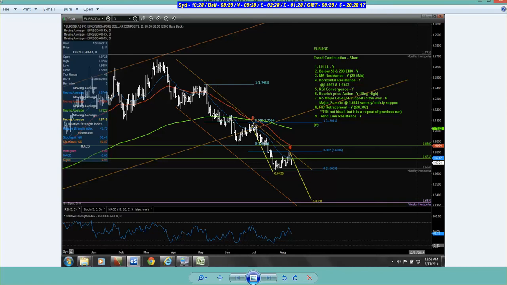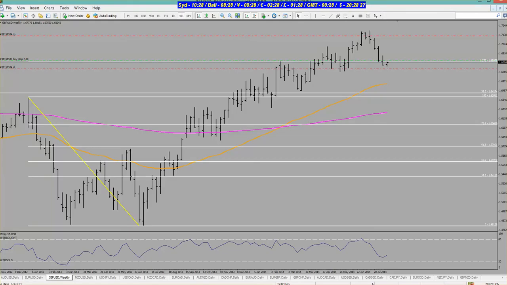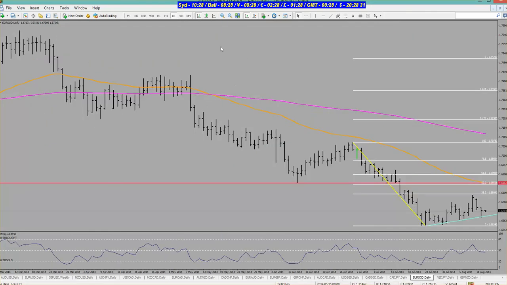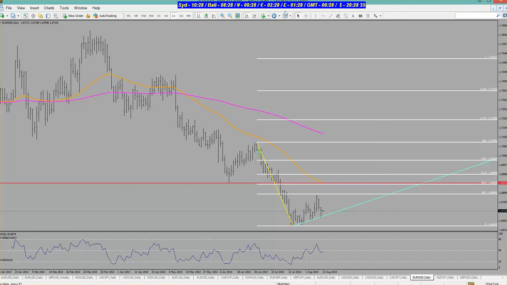Okay. Came back to the 382 and then it had another run, but with this one it had not only the 382, it came back and tested that support line, yeah. And that to me is a bigger thing. It came back and tested that level across here, yeah.